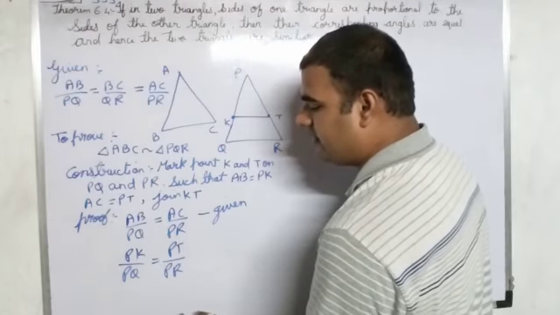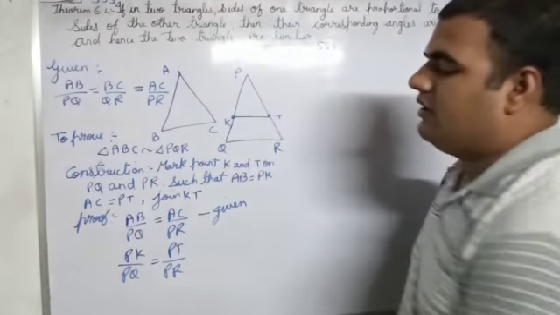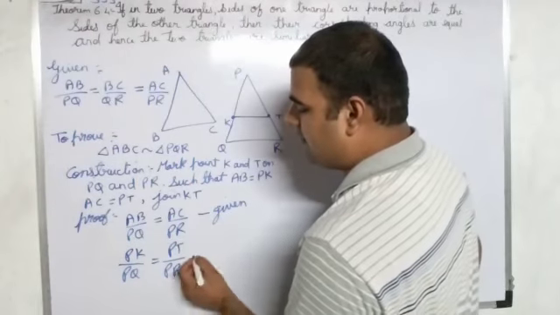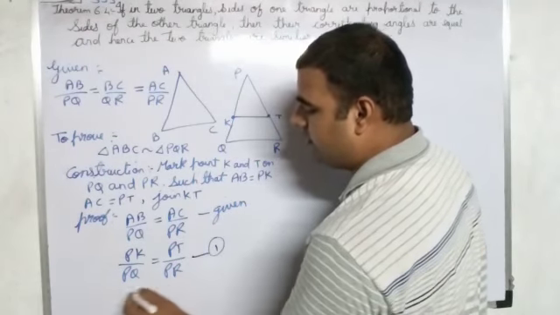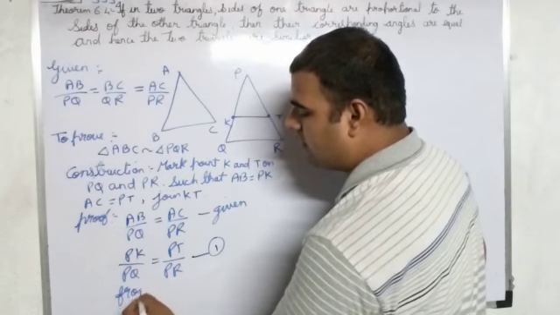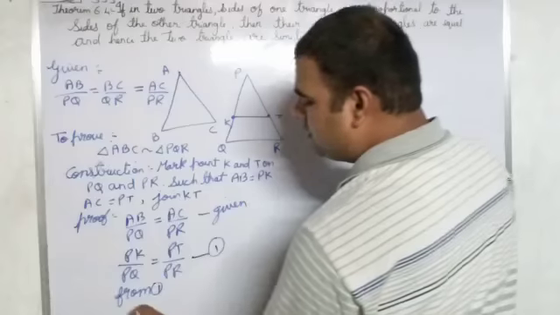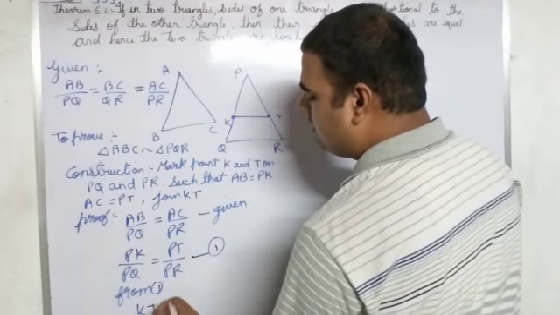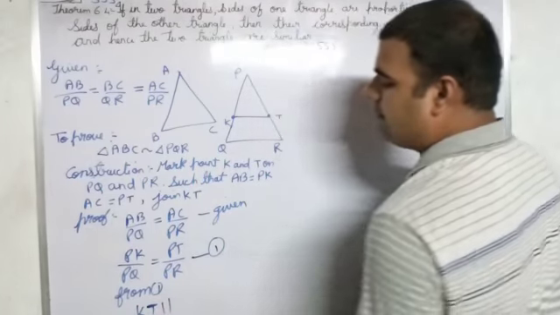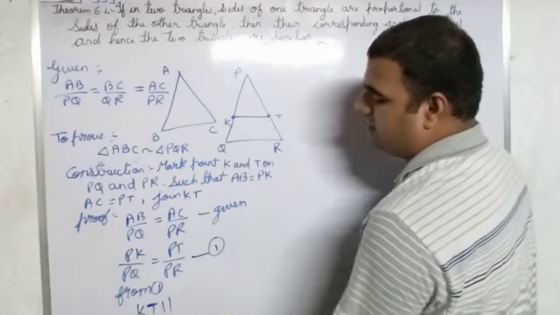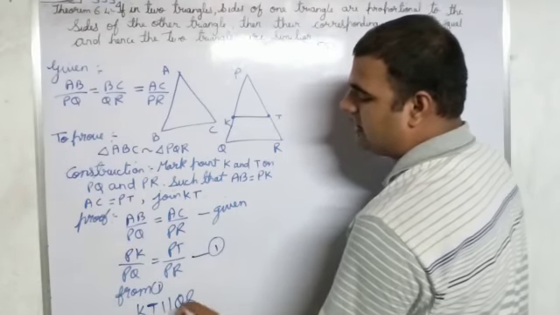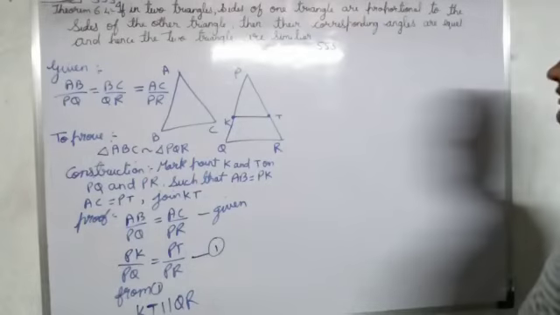Okay, name this as equation 1. So from 1, I can say KT is parallel to QR.